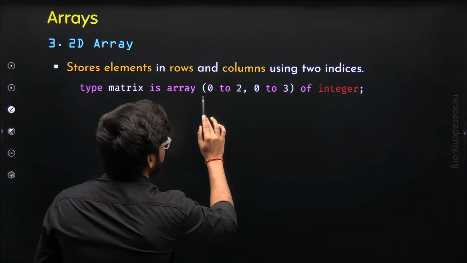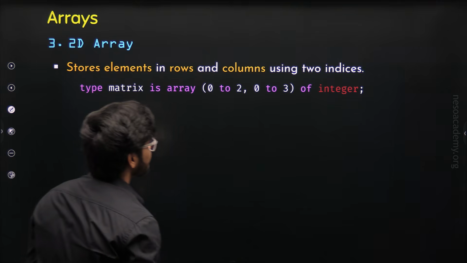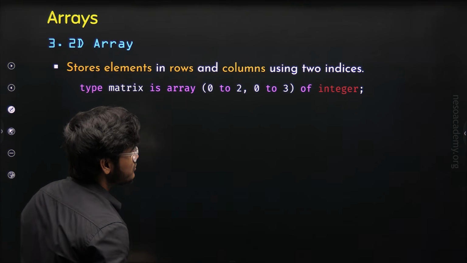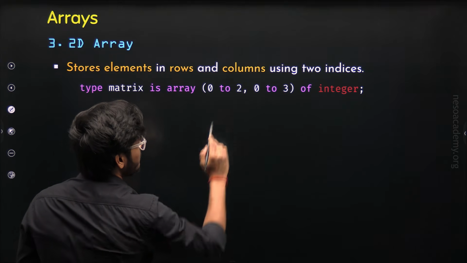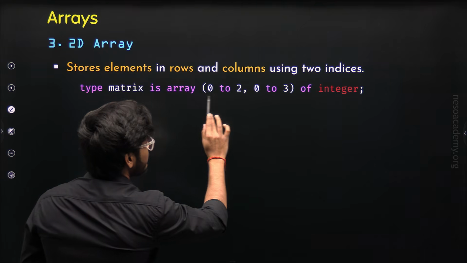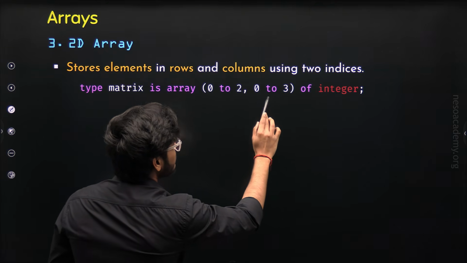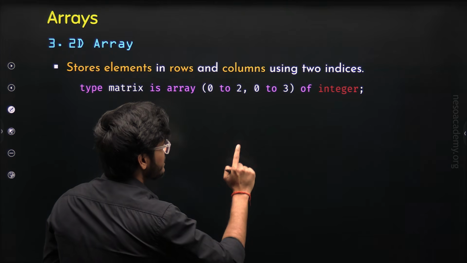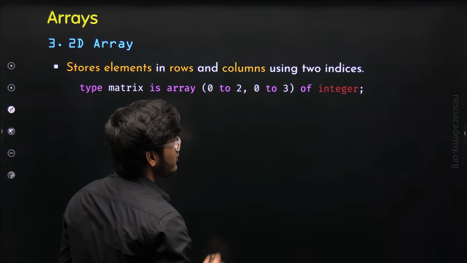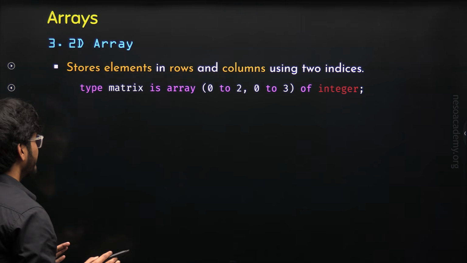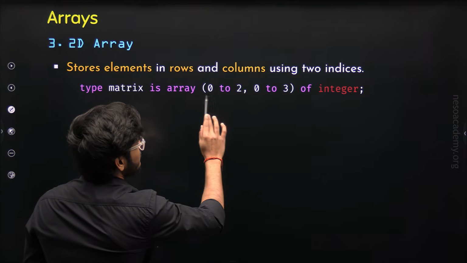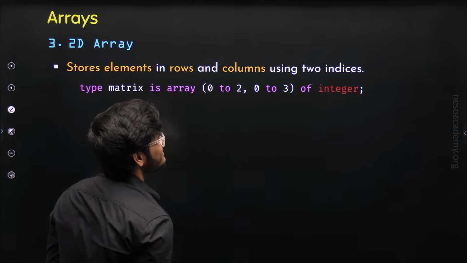Using what is inside this parenthesis. Now 0 to 2 represents the number of rows. 0 to 2 means 0, 1, 2. In total 3 rows. And 0 to 3 means 0, 1, 2, 3. In total 4 columns. So here I am creating a 2D array named matrix with 3 rows and 4 columns.